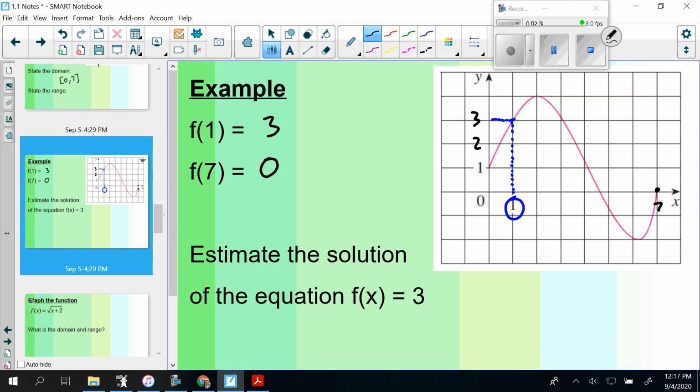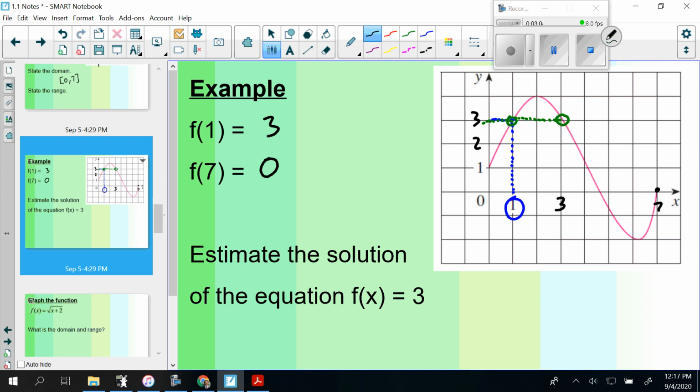Estimate the solution of the equation of f of x equals 3. Remember, f of x is like our y value. So this is asking what input values end up with a y value of 3. Well, I think we had one of them already. We know at 1 it is. Looks like there is a second solution out here at 3.